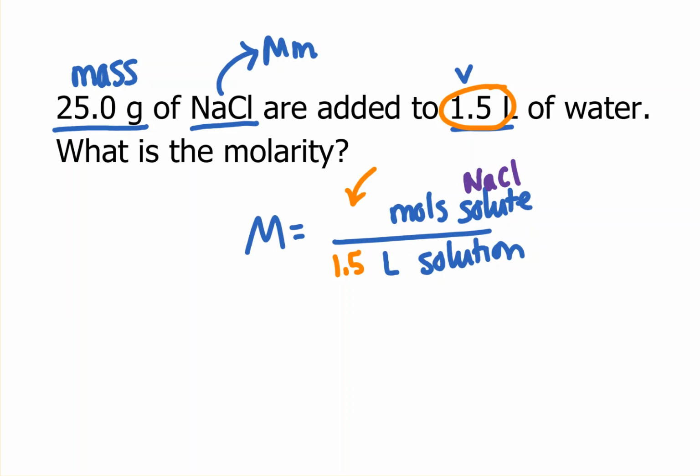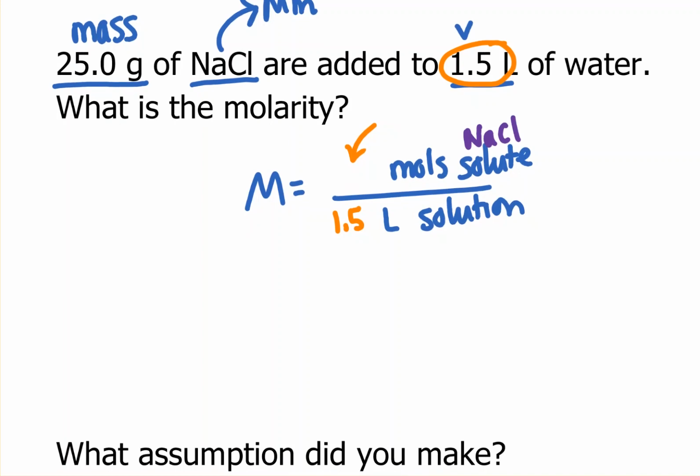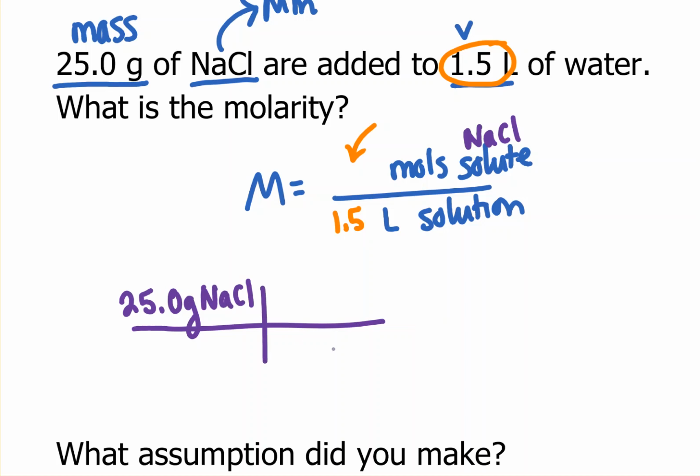Well, we already noticed that we have a mass and a molar mass, and so of course we do that a lot. We go from grams to moles using our molar mass. And I'm using some rounded off atomic weights to get this molar mass, but this is the molar mass.